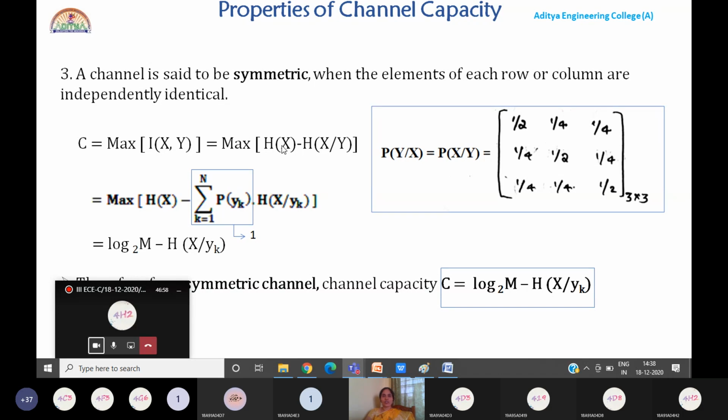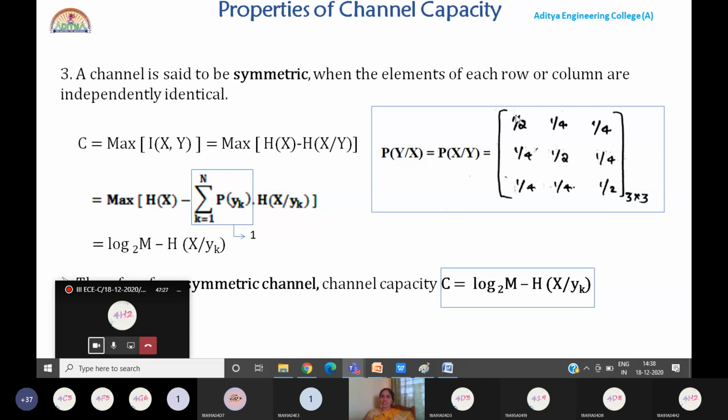So this is the conditional probability matrix. Can I say that this is a joint probability matrix? No, because a matrix is said to be P of xy when the sum of all the elements in the matrix is 1. But here if you add all these, you cannot get 1. So that's why this is not the joint probability matrix.